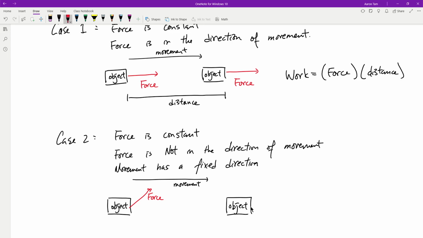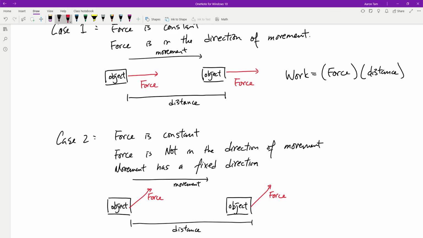And the force is still pointing in this direction with the same exact force. And here's the distance traveled. So how would you deal with this scenario?